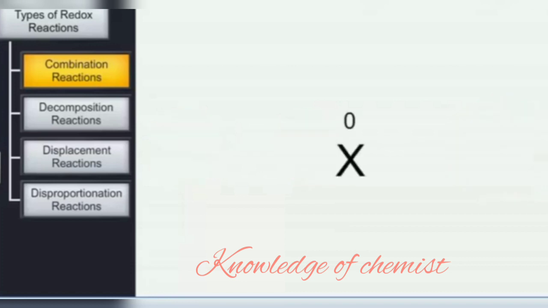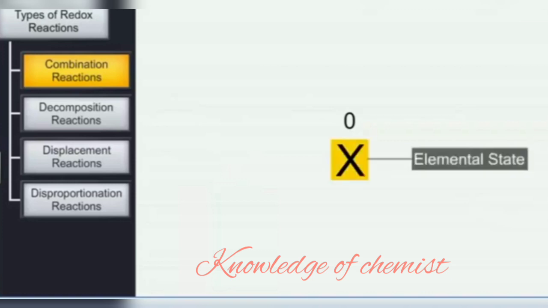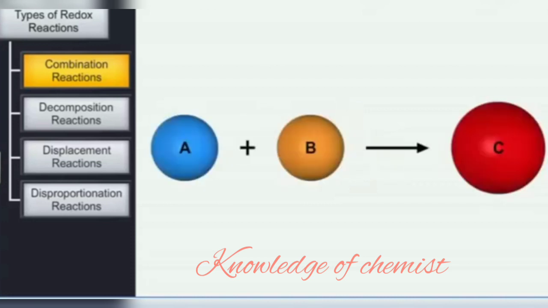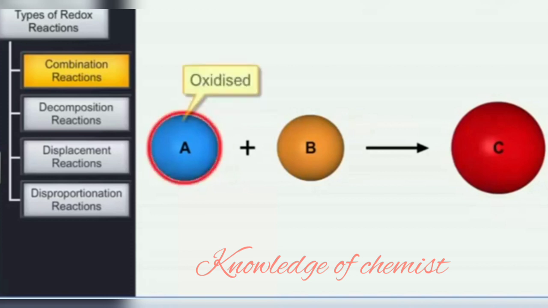We know from the oxidation number rule that atoms of elements in elemental state have an oxidation number of 0. Thus, when substances with 0 oxidation number combine, one substance will be oxidized and the other will be reduced.